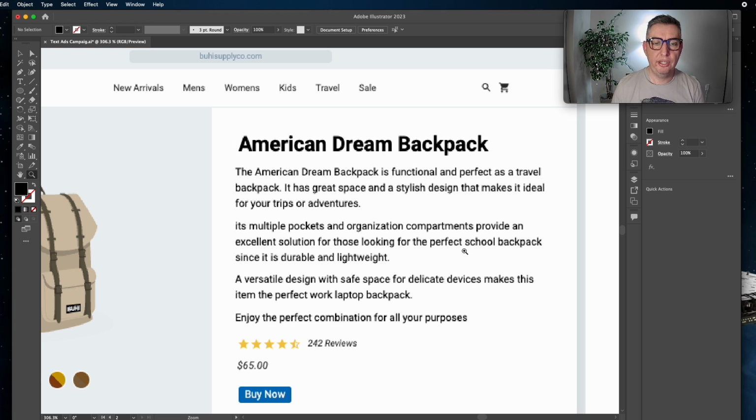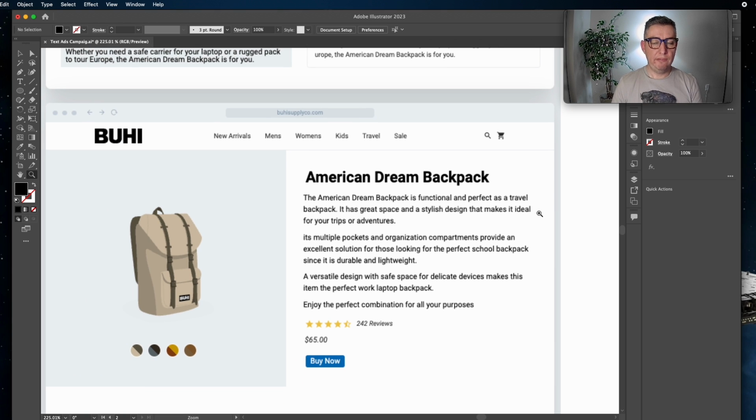Okay, as you can see here, for me it is travel backpack, and travel backpack is here. But I'm not only selecting travel backpack for this landing page. I'm also trying to get people who want this backpack for work and for school, right?